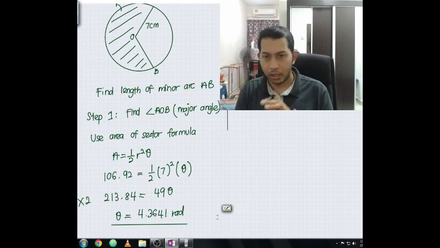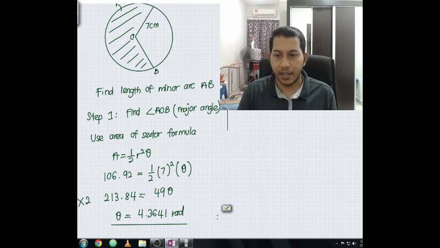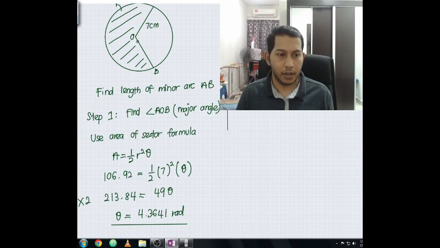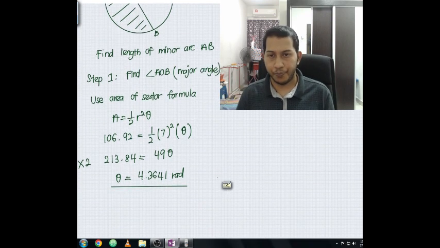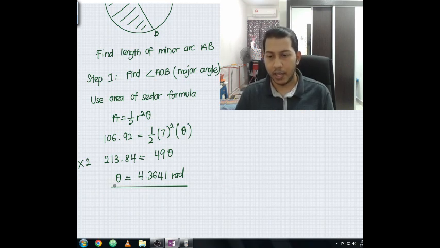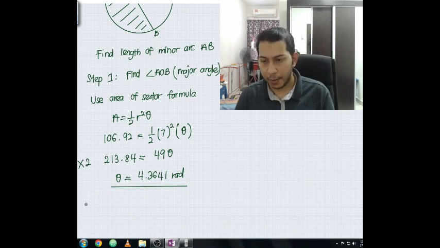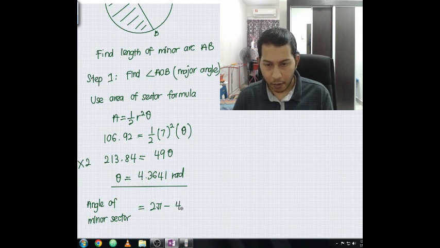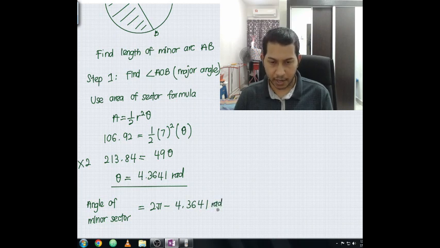Once you get this, your next step is finding the angle of the minor sector. To find it, the total internal angle of a circle, you minus the angle of the major sector. So the angle of the minor sector will be equal to 2 pi minus 4.3641 radian.